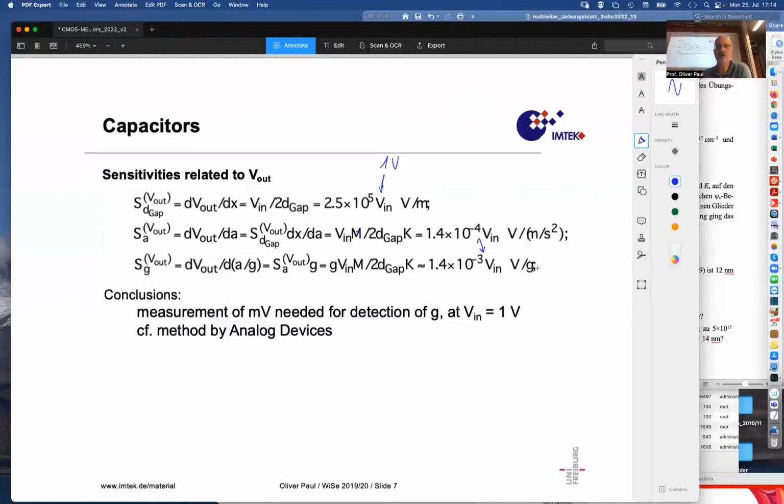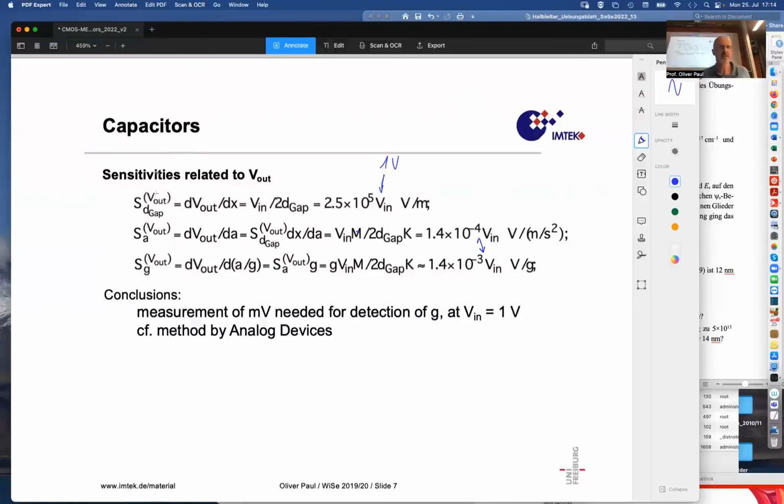So for 1 G, one will detect a voltage change of 10 to the minus 3 millivolt times the input volt. 1 volt in means 1.4 millivolt voltage out per G of acceleration acting on that system. All based on these estimates of the spring constants and the masses that I gave you.